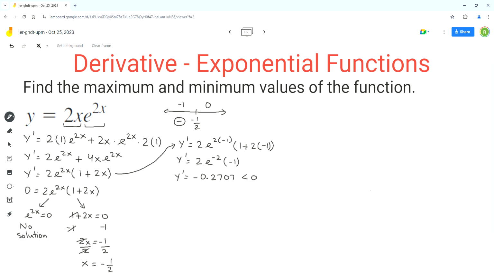Now we can do the analysis for the right side of the critical number. So we'll sub in x as 0 in the first derivative. In the exponent, 2 times 0 is 0. And in the parentheses, 2 times 0 is 0. So 1 plus 0 is just 1.